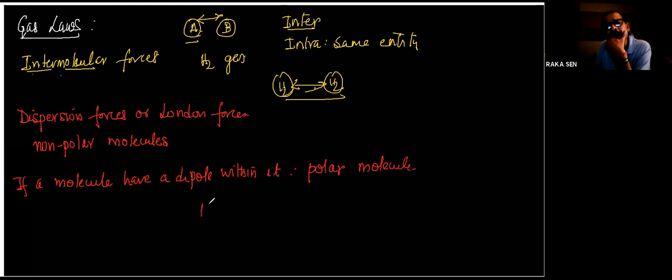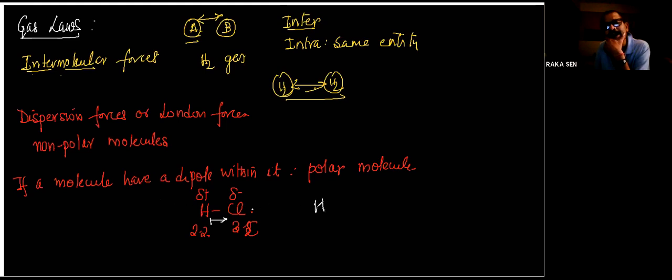Say, for example, HCl. HCl is a covalent compound. The electronegativity value is 2.2 for hydrogen. For chlorine, it is 3.2. So this will be delta negative, this will be delta positive. And the direction of the dipole will be from positive to negative. So this will be my dipole direction. So this is a polar molecule.